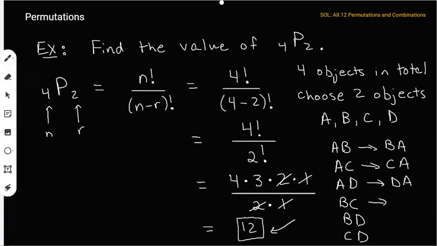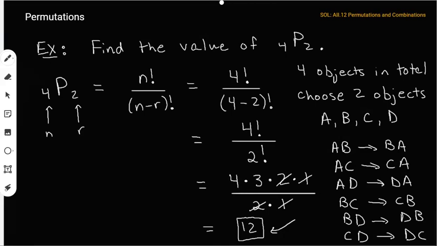For the last 3, I'm going to get CB, DB, and DC. So now, how many permutations or combinations do I have? I have 12 in total, 6 on the left side and 6 on the right side. And those are going to add up to give me 12 different permutations.